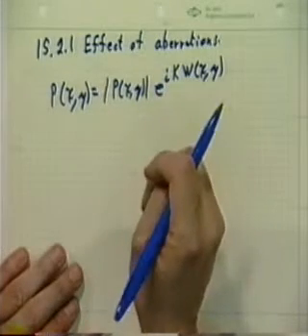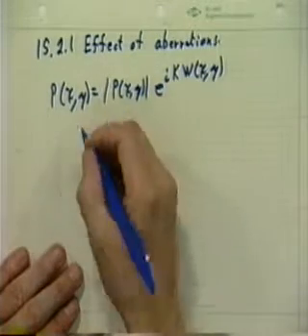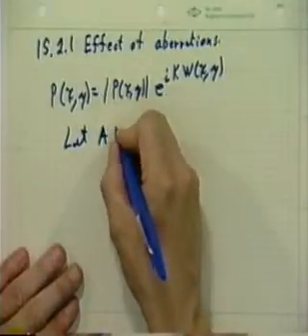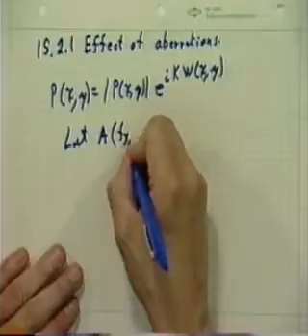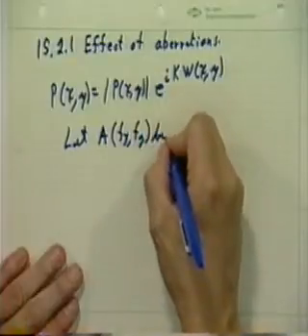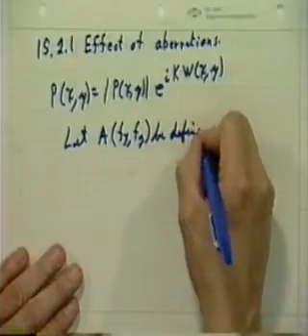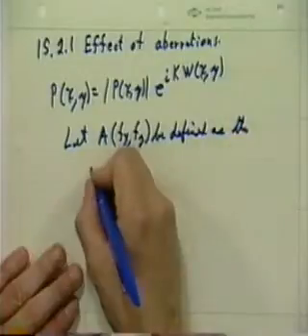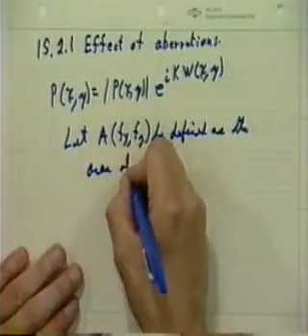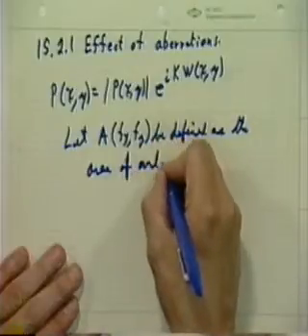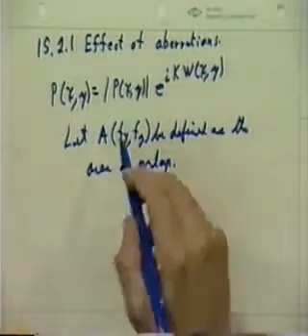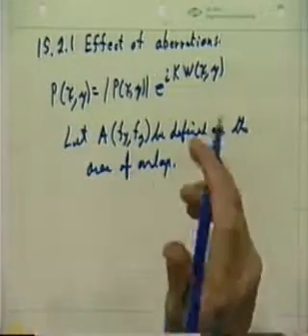And let A of f sub x, f sub y be defined as the area of overlap. Okay. So as we do the shifting of the pupils, this A here is just the area of the overlap.